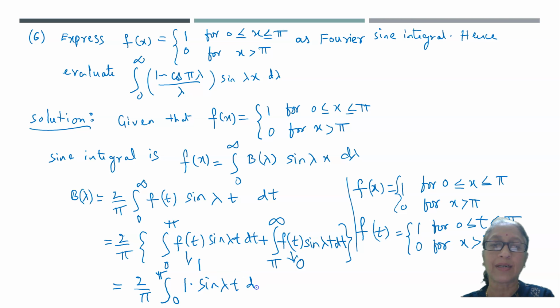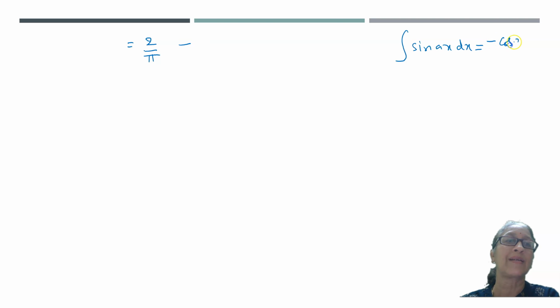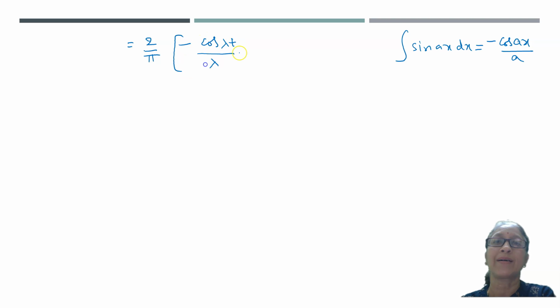So b(λ) equals 2/π integral 0 to π of sin(λt) dt. Now the integral of sin(ax) dx equals −cos(ax)/a. So we get −cos(λt)/λ under the limits 0 to π.